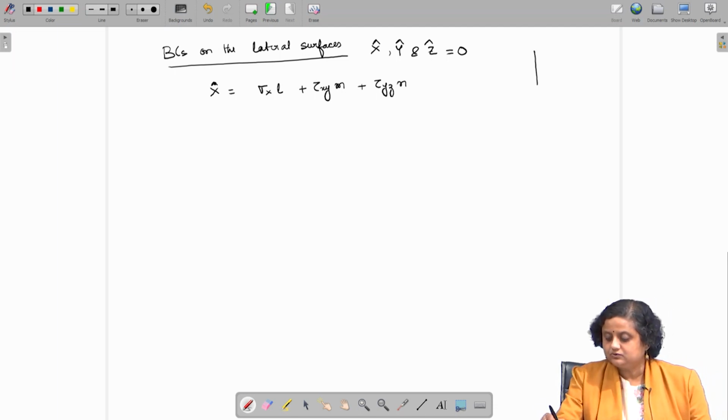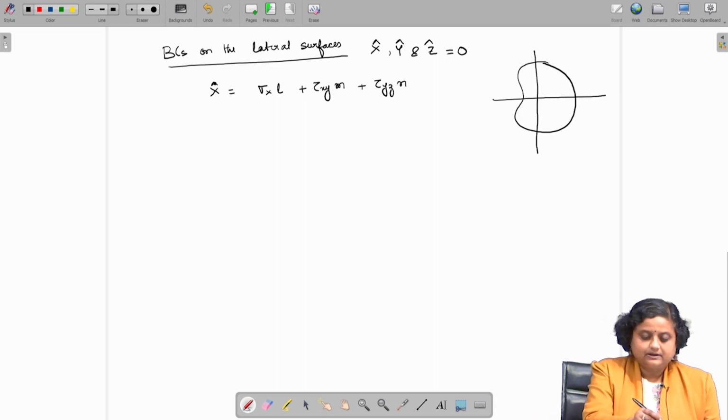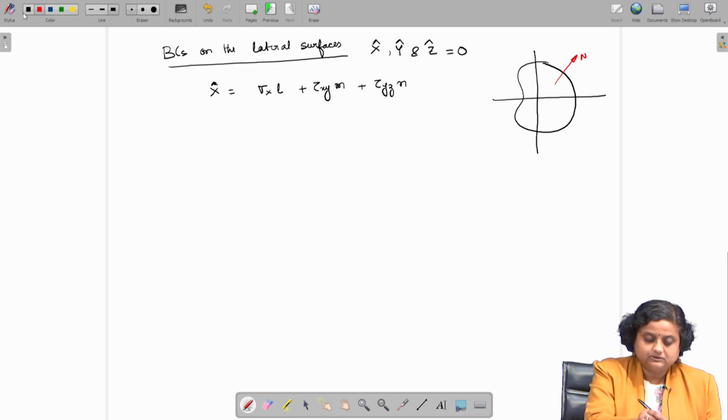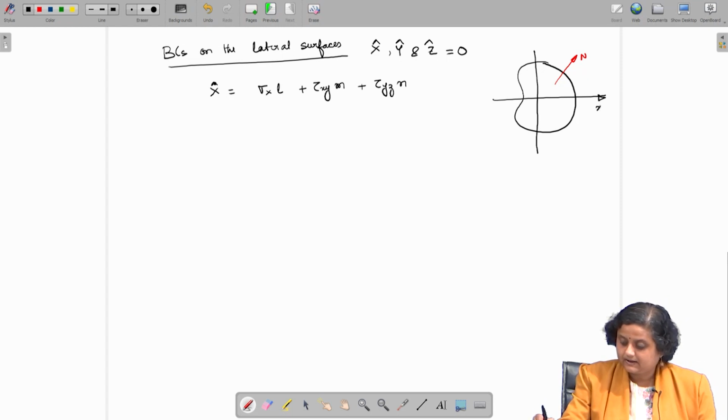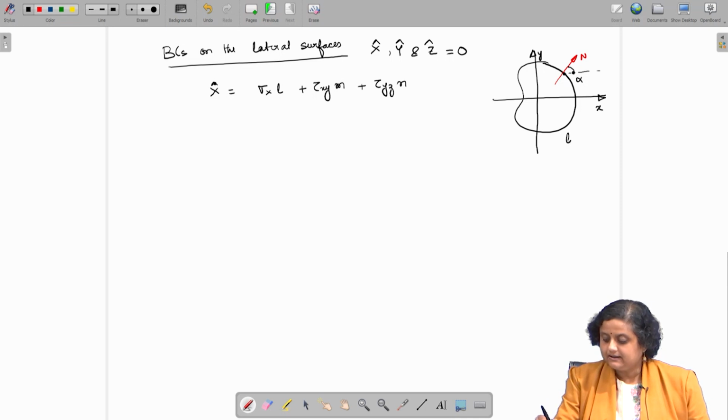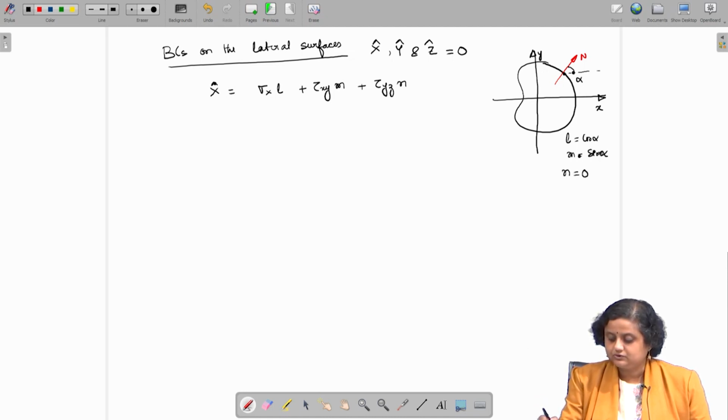So, let me just draw a non-circular cross section. Let me draw the normal at any point. This is the x axis, this is the y axis, and this is alpha that the normal makes. l is cos alpha, m is sin alpha, and n is equal to 0.